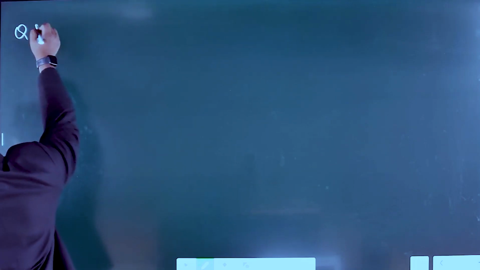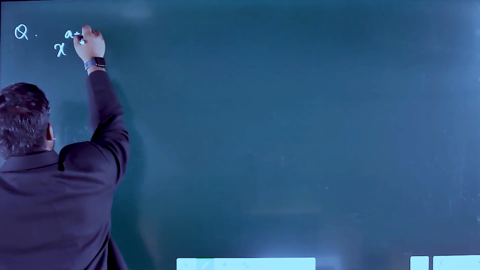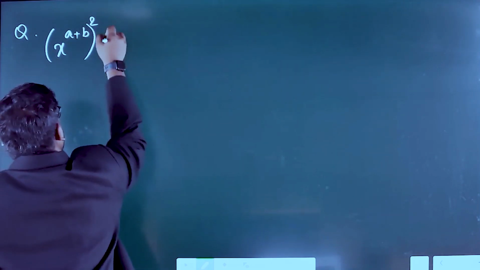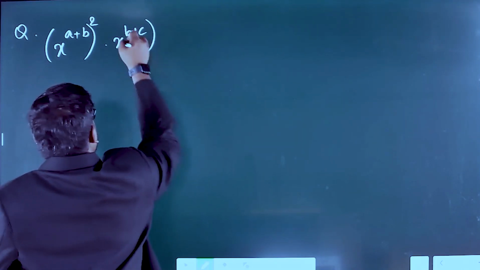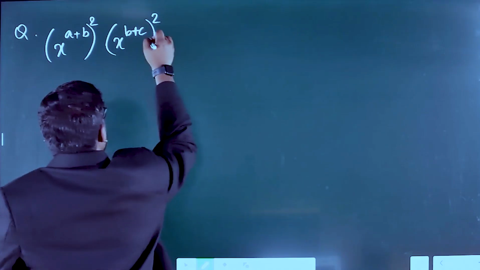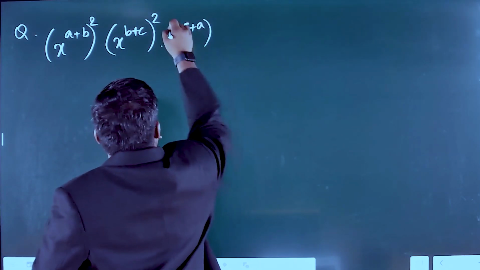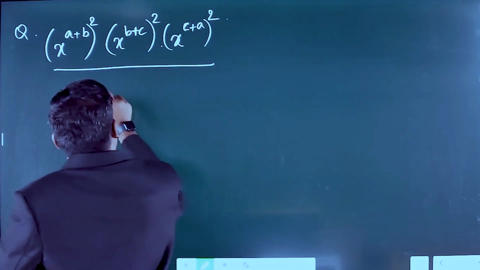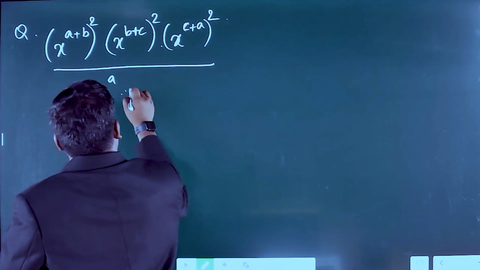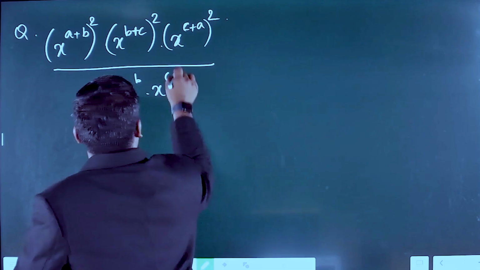Find the value of the expression (x^(a+b))^2 into (x^(b+c))^2 into (x^(c+a))^2 by (x^a x^b x^c)^4.